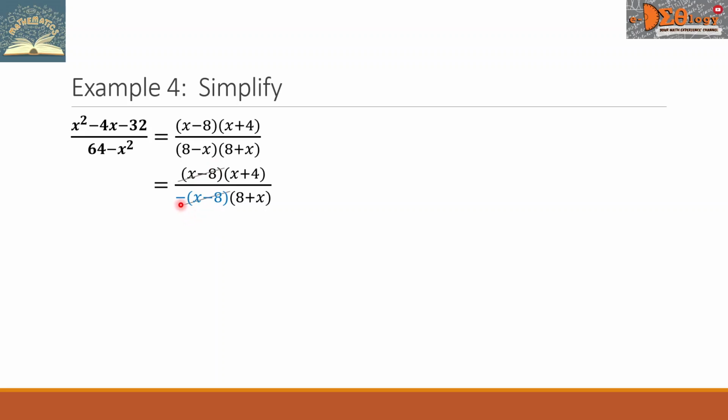Take note, the negative sign here remains. So, when we cancel, this becomes negative 1. So finally, the final answer will be the negative of the numerator x plus 4 all over the denominator. We can write x first and then plus 8. This is the final answer.